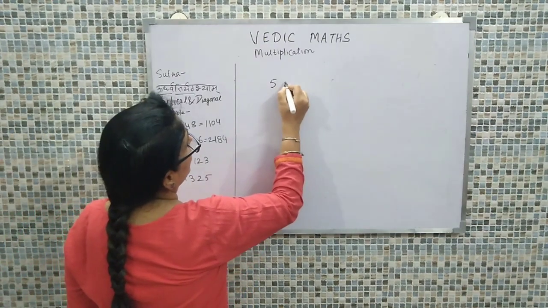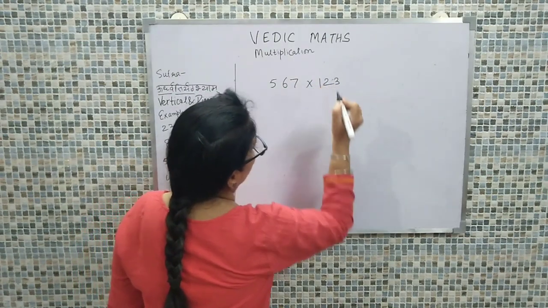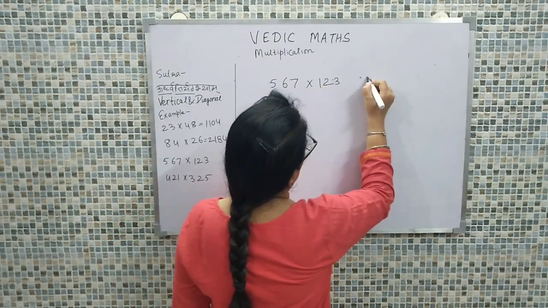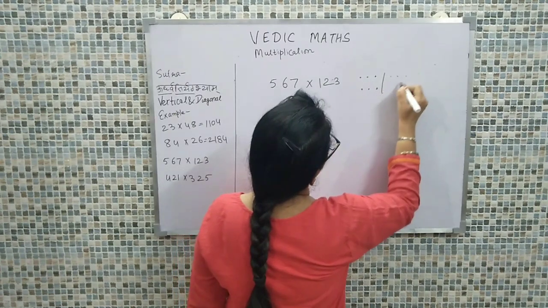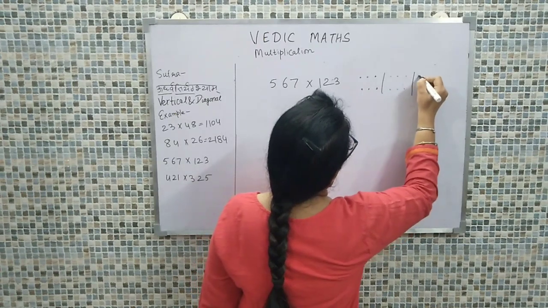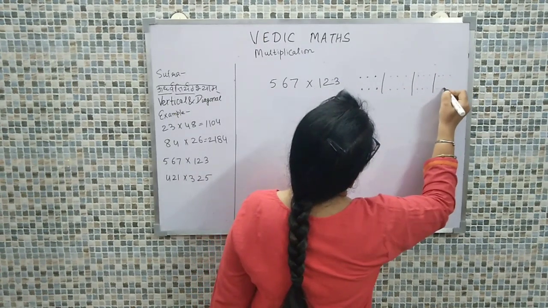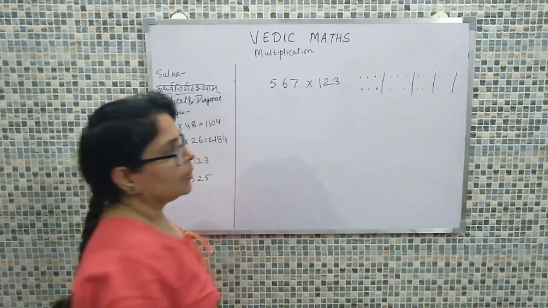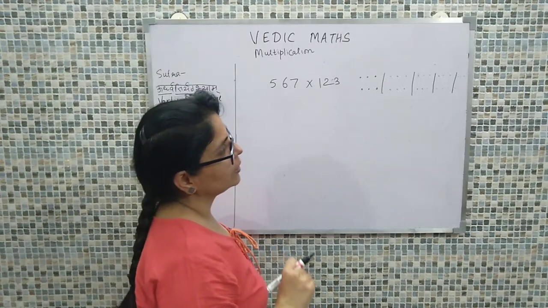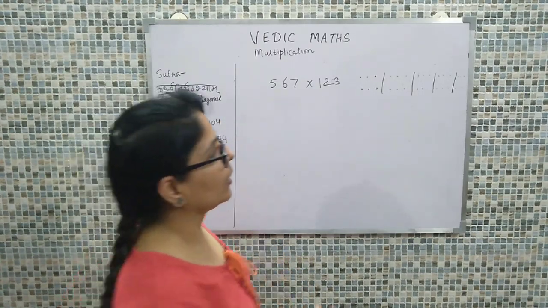So we have 567 into 123. Now the same concept applies, Udharva Tiryakbhyam, that is vertically and diagonally.